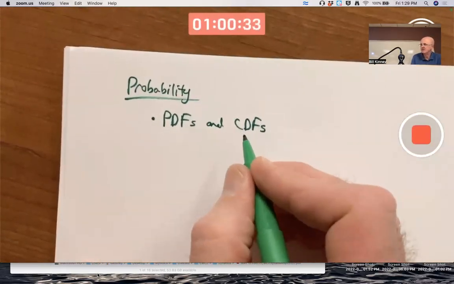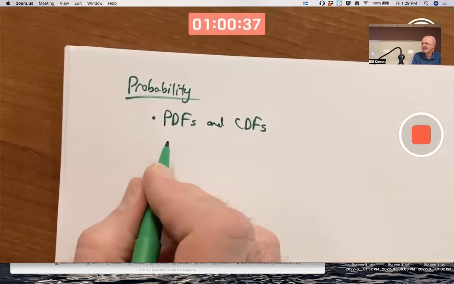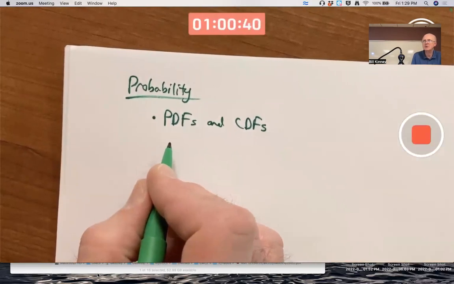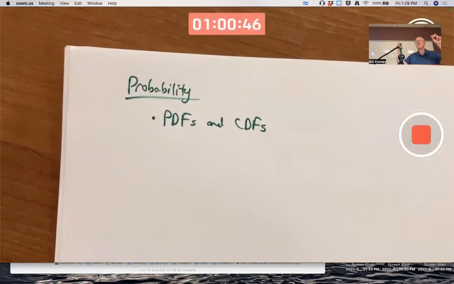CDF stands for cumulative distribution function. Actually, probability density functions are very similar to physical density functions for thin rods. It's a very similar idea. Except with thin rods, you're thinking about an actual physical object, and you're imagining molecules on one part of the rod being denser than on the other part of the rod.